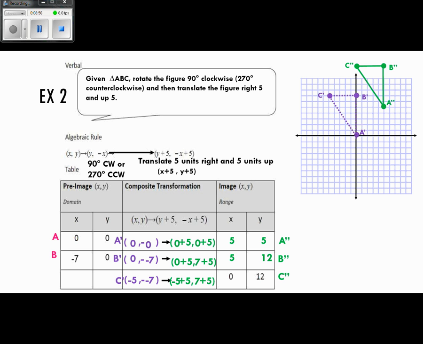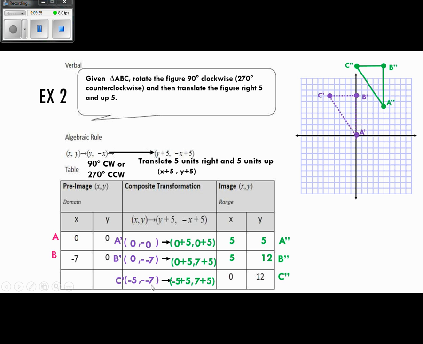Which one of these values do you think is going to be our x when we flip-flop them? Currently, these points are the flip-flop version, as I'm going to call it, of our pre-image. So when we flip-flop them back, what value do you think is going to be in the x? The negative 5 or the negative 7? Or the double negative 7, in this case.